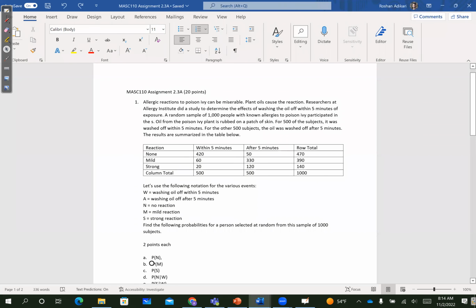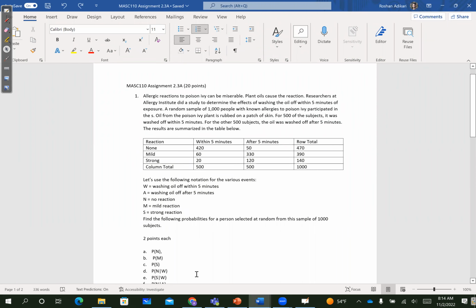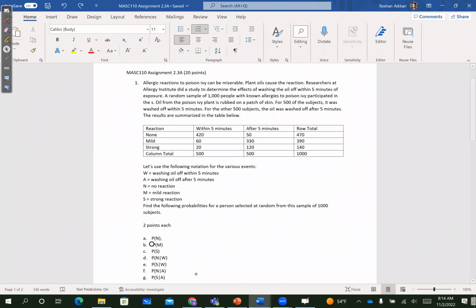And let me go to the next one. In this one I can explain the idea behind it. It's a nice question. Let me take this for example. P(N). So what is N? N is no reaction. So probability of no reaction, so none here. So what over what? Are you going to use this number, or this number? See, there is no restriction. So it's going to be 470 over the total, which is this.